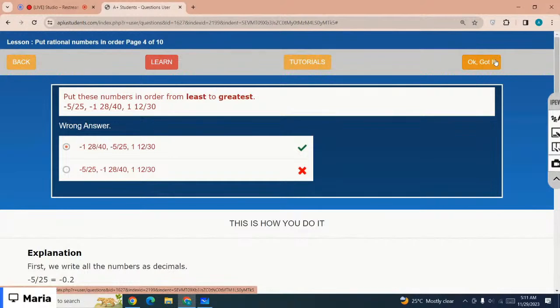Oh, that is negative 1 whole 28. Oh, option 1 is the correct option. Okay, got it.